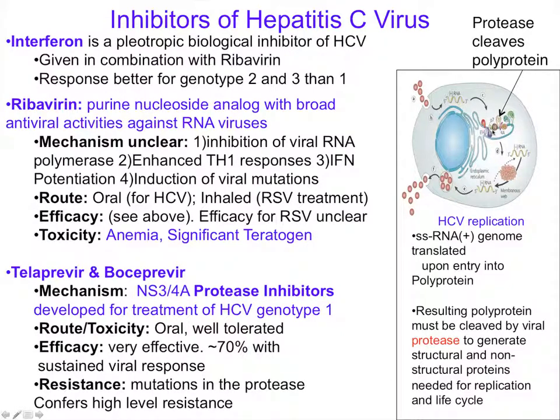That polyprotein has to be cleaved into a number of smaller proteins, and that cleavage event is mediated by a viral protease. And these two drugs serve as protease inhibitors.